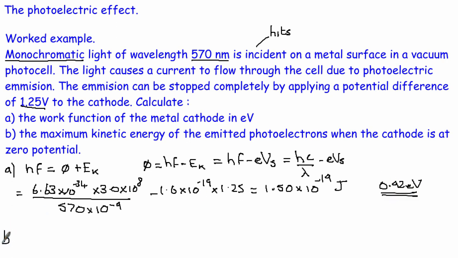For part B, I then need to know what the kinetic energy is. So I simply go back to this thing. The maximum kinetic energy of these electrons is equal to hf minus the work function. Well, it's basically exactly the same thing that I've just got. h is Planck's constant. The frequency I can get from the wavelength again, and the work function I've just worked out is this thing here.